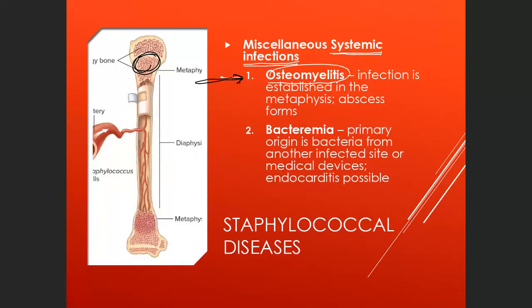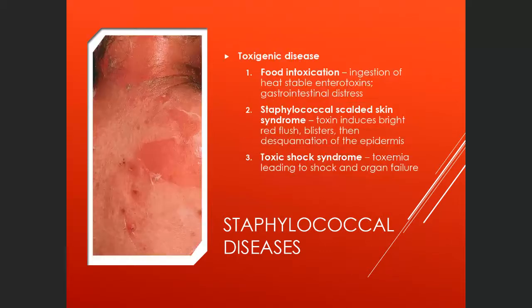It can also cause what we call bacteremia, which is the presence of bacteria, staphylococcus, in the blood. So if we take a blood sample and do the test, it will give positive results for the presence of Staphylococcus aureus.